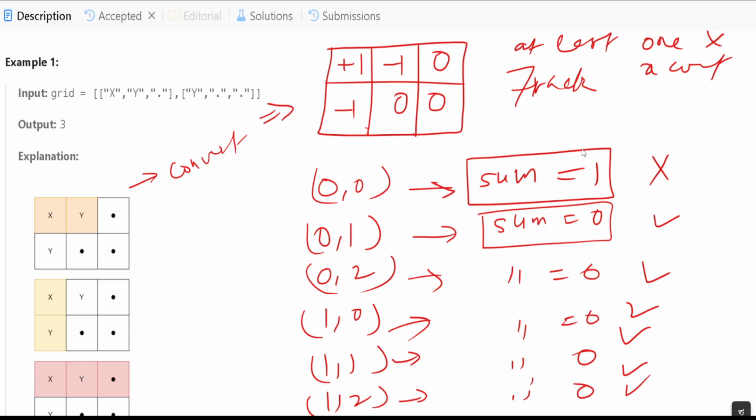So the final answer is 3, because we have to find the number of x, how the number of x will get counted. All the x should be there at least one time. So the x is coming one time, and we'll check all the possible submatrices.